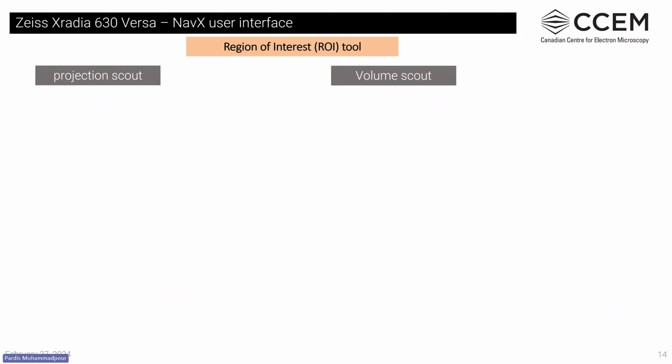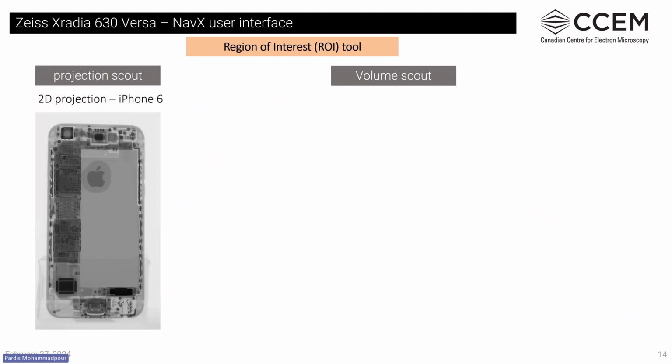The first step would be taking a single 2D projection image to decide which scout method is proper for the sample. For example, if you want to do high resolution imaging on the iPhone's camera, we can easily target it on a single radiograph. So it's reasonable to use the projection scout.